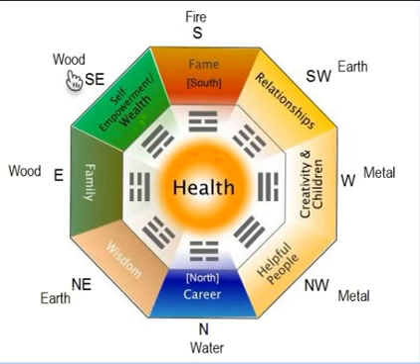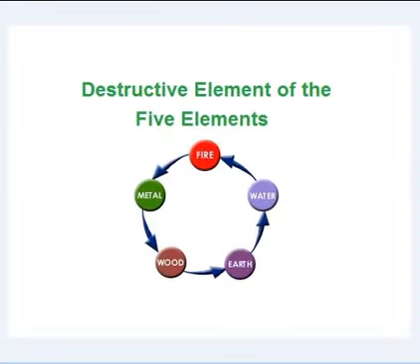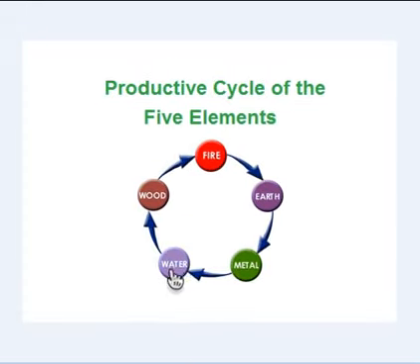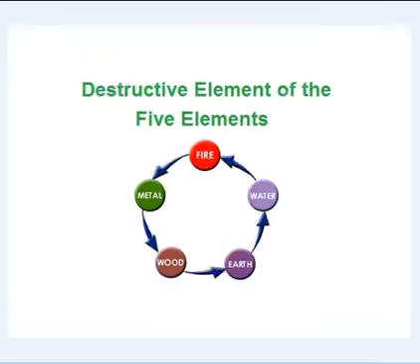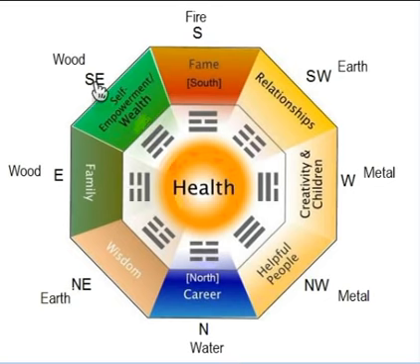We can have lots of healthy living plants in the southeast, lots of potted plants as they represent the wood element. And besides that, we can also have more water element in the southeast. If you remember the productive cycle, water produces wood. So if we have lots of water, the wood element would also be strengthened. So in the southeast, we can have both water and wood elements to bring in wealth luck.